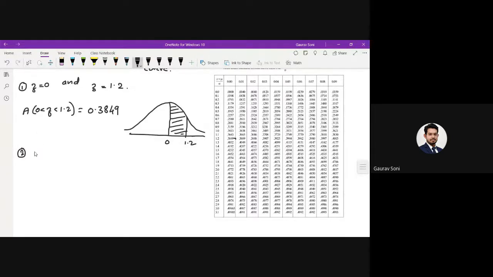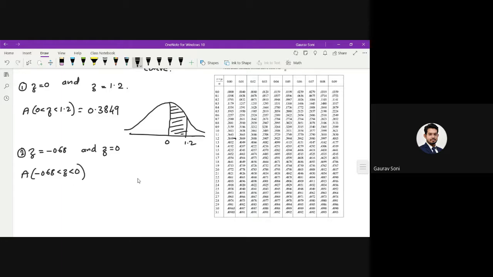Second, z is equal to minus 0.68 and z is equal to 0. So area from minus 0.68 less than z less than 0.